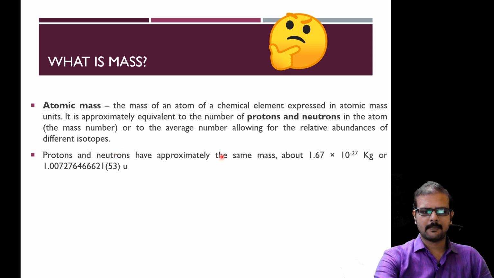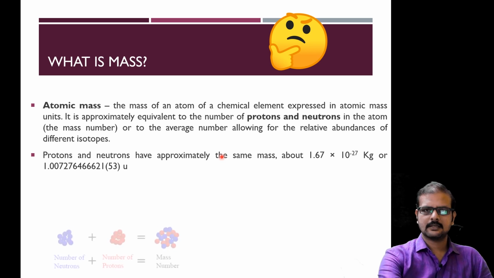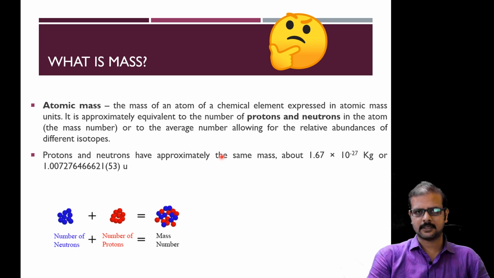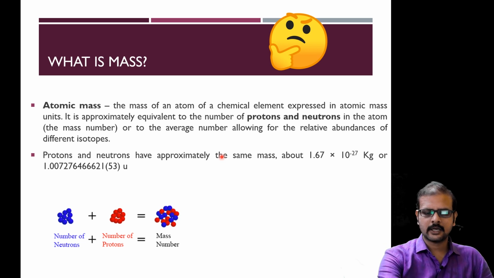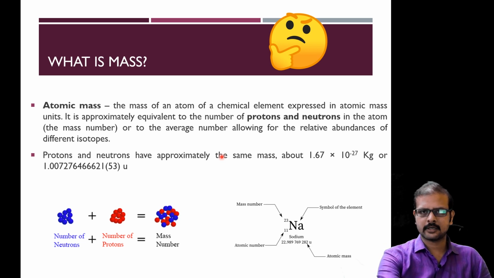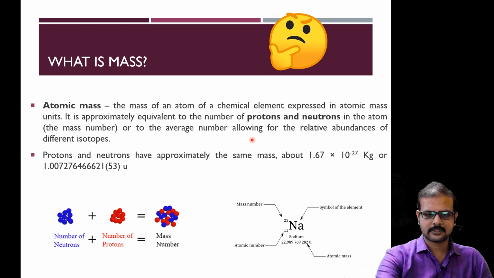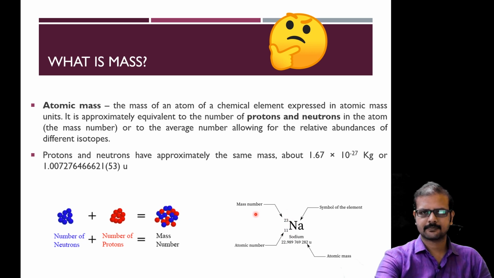If you see an atom, it has a mass number that is given by the number of protons plus the number of neutrons. That is collectively called the mass number. It is denoted on the upper left corner of the element symbol. If we see a sodium symbol here, the 23 denotes the mass number. So where does this 23 come from?